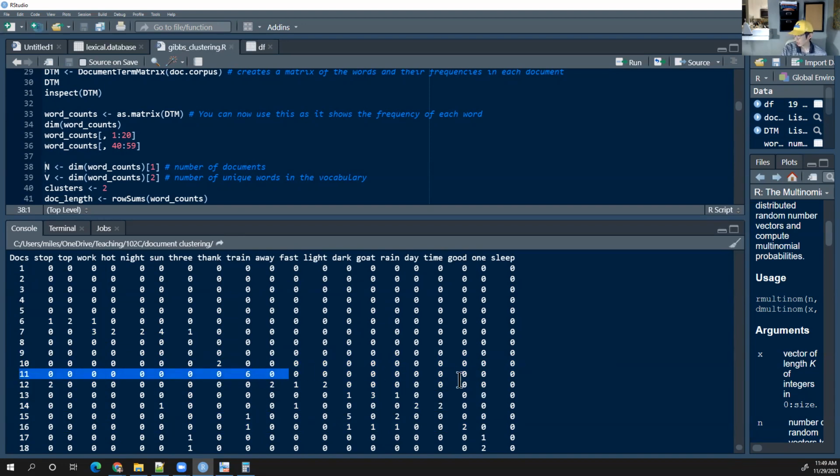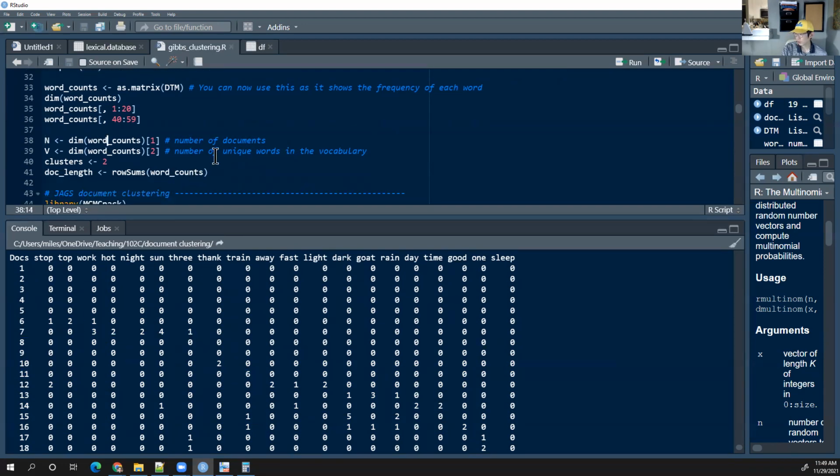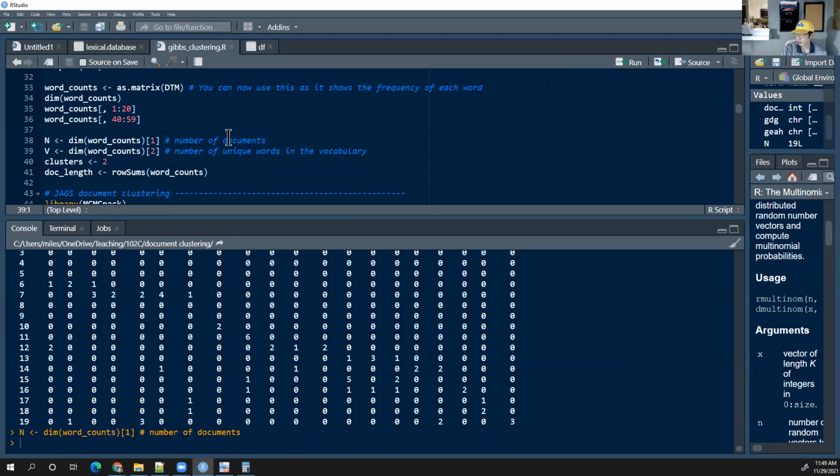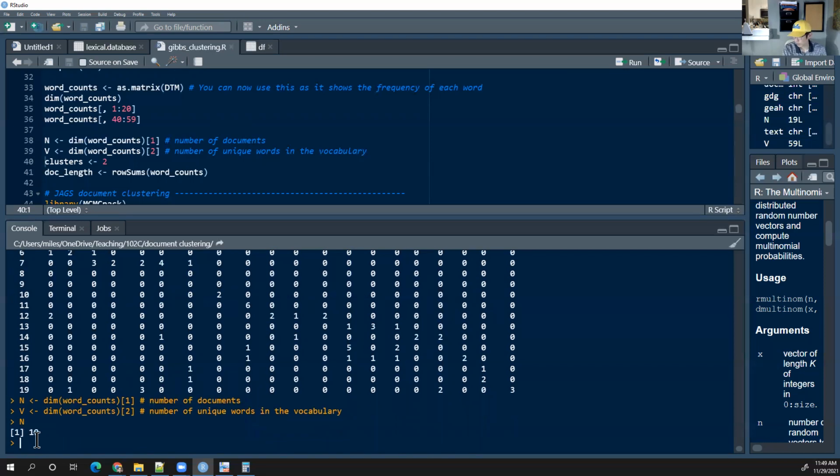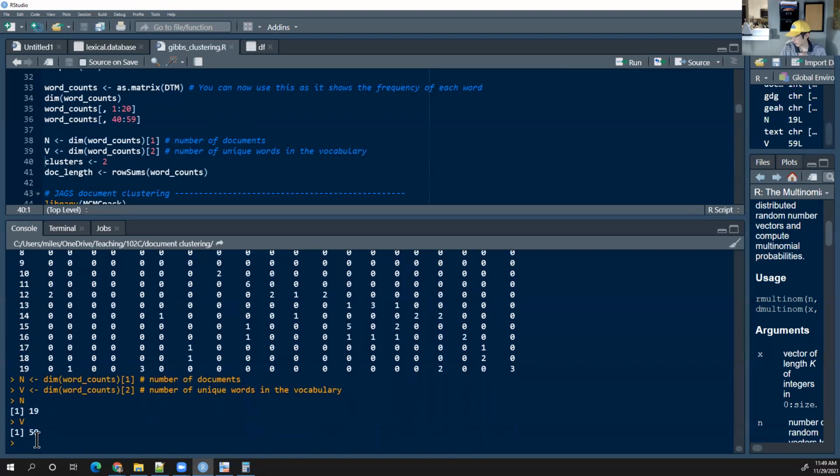Okay, what about these other words? And so we would go through and tell it to start searching for different clusters here. Okay. All right.